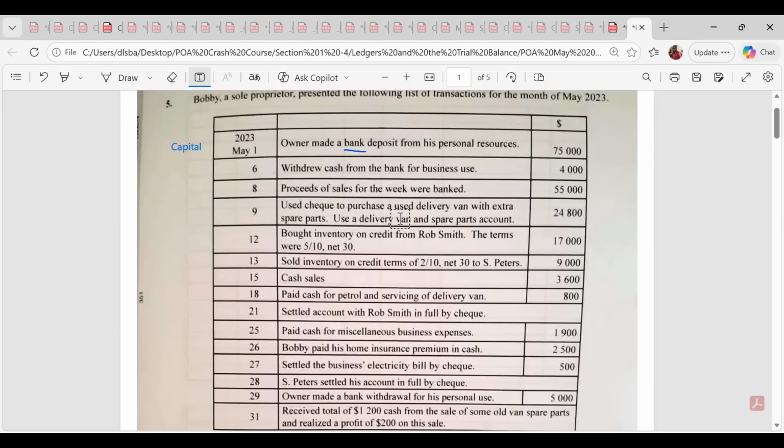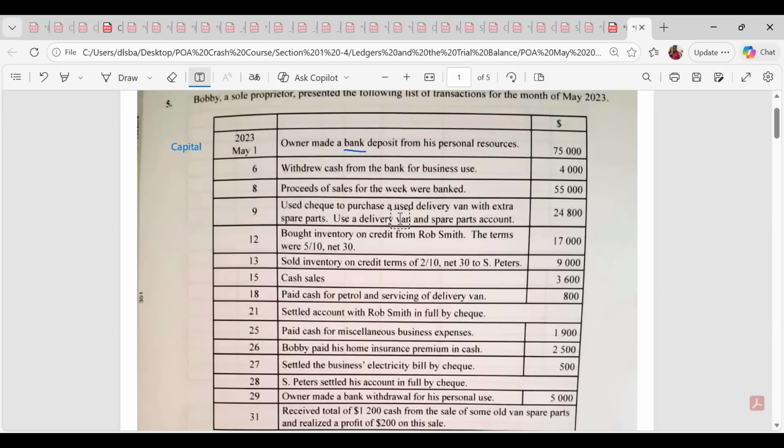So what they're trying to say is the inventory was sold on credit, and you'll get a discount if you pay within 10 days. Well, a 5% discount, yes. So the terms are 5/10 net 30.